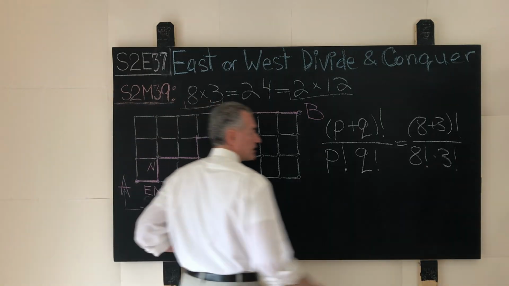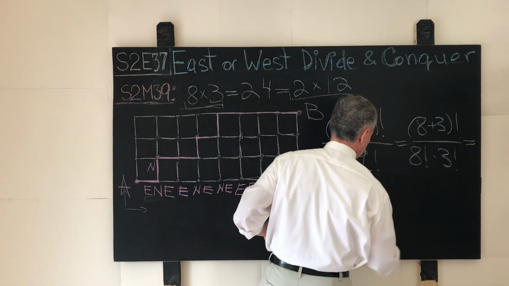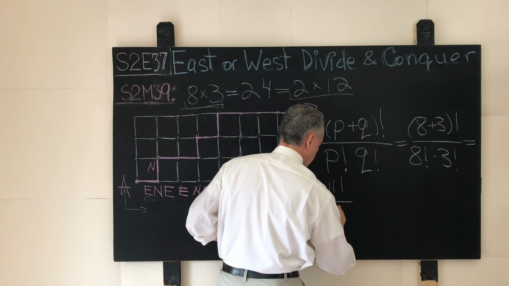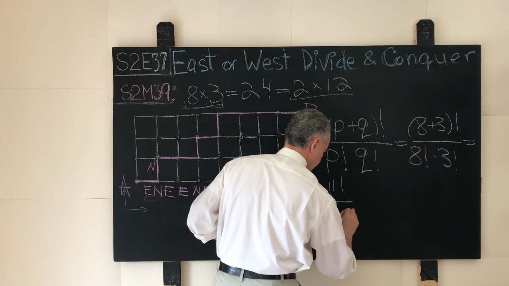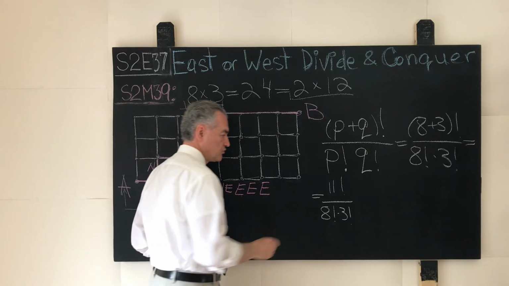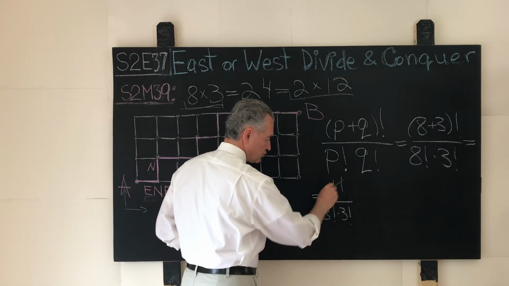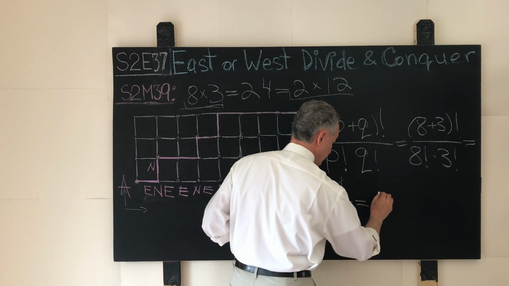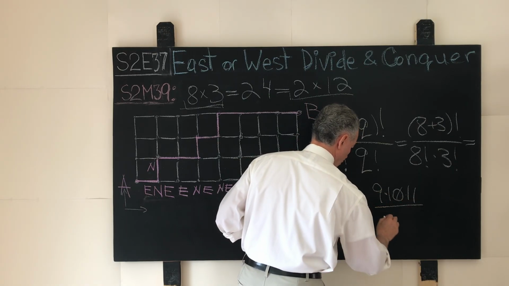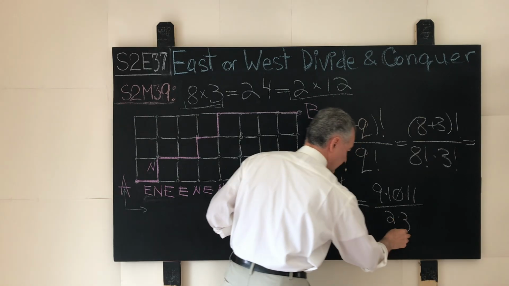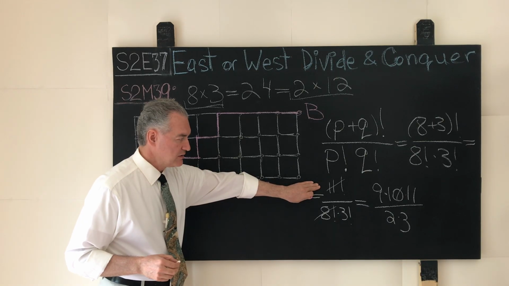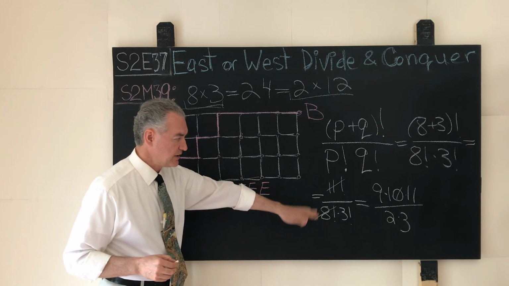Let us estimate, well, actually we can compute exactly what that number is. So this will be 11 factorial by 8 factorial times 3 factorial. 8 plus 3 is 11. 11 factorial and 8 factorial cancel each other out, and we'll have 9 times 10 times 11 over 2 times 3. This is the leftover from the 11 factorial once 8 factorial is taken out of it.